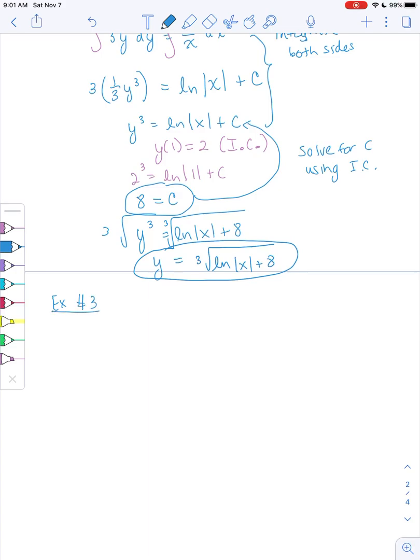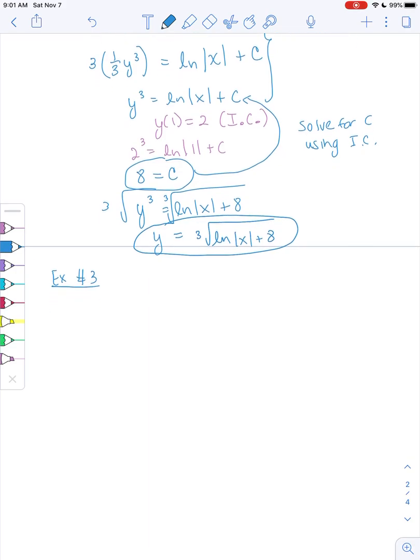So for example 3, I'd like you guys to try to hit pause on this and see if you can separate the variables for me. This would be our last example and quite an extensive one. So go ahead and, after you write down the initial problem, see if you can separate the variables.